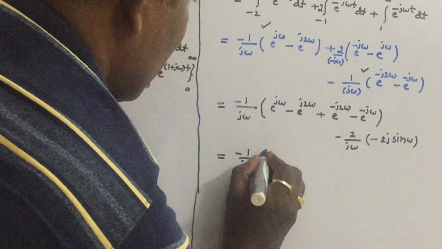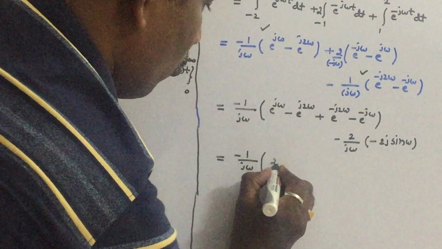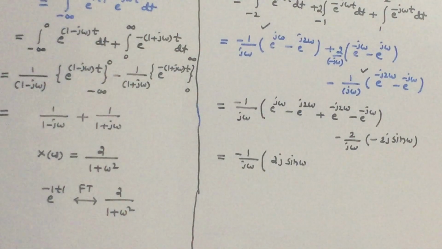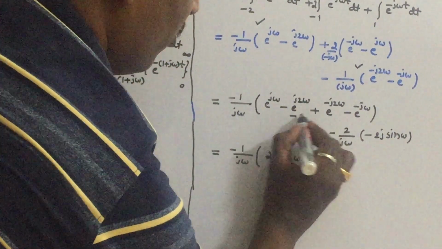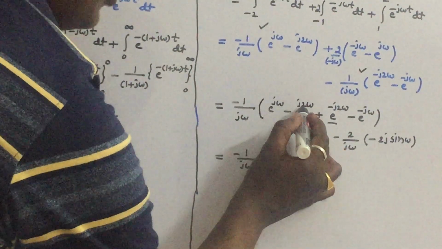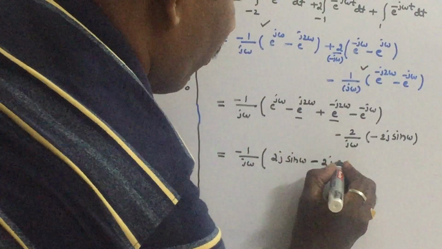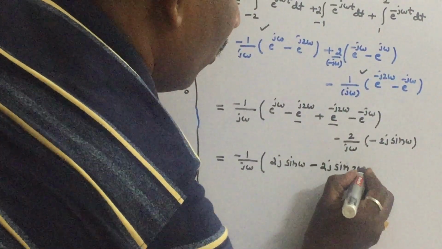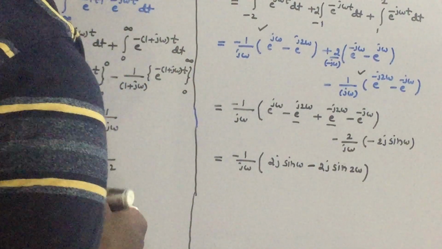So let us find out the answer. -1 by j omega. e power j omega minus e power minus j omega is 2j sin omega. If you take minus as common between these two terms, e power j 2 omega minus e power minus j 2 omega will become 2j sin 2 omega. You can see that j gets cancelled out.